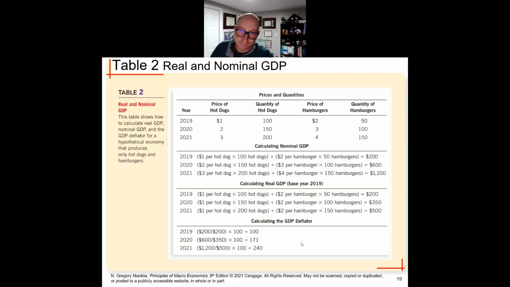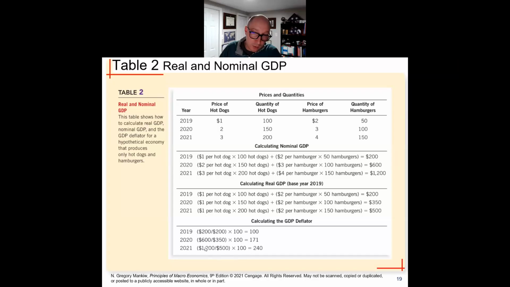Okay. So here, 2019 is going to be 100% because obviously it's the same values. 2020, we're at 171%. So in 2020, what this tells us is that the prices rose by 71% over the previous year.